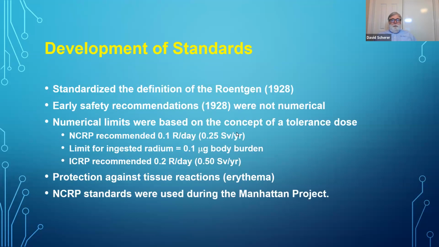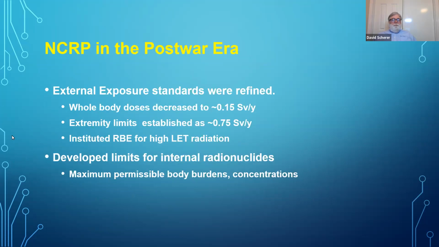So they went from what was essentially 25 rem per year to 15 rem per year. For the extremities, doses were established for the first time, and the limit there was equivalent to about 75 rem per year. These were daily limits, but these were the annual equivalent.